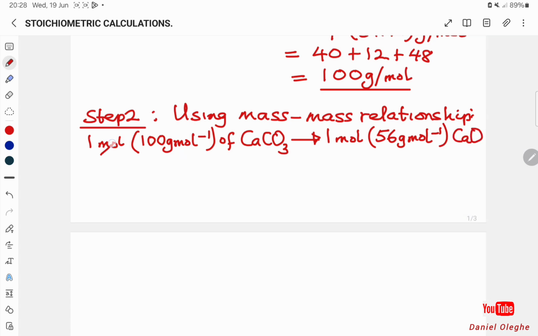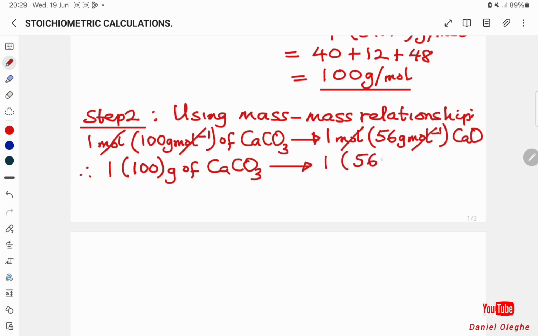So from the equation, the mole will delete each other like that. This will delete, and now you are left with this 1 times 100. That is 1 times 100 gram of calcium carbonate to produce 1 times 56 gram of calcium oxide.